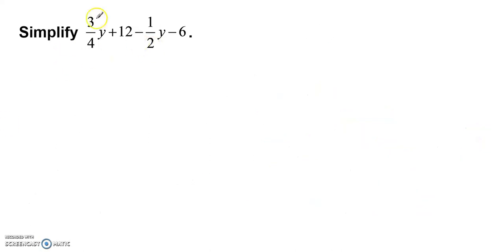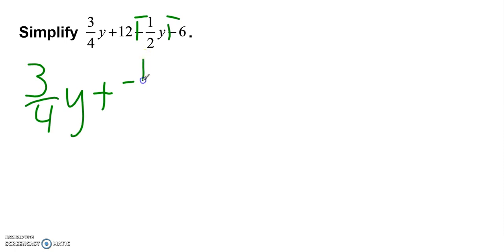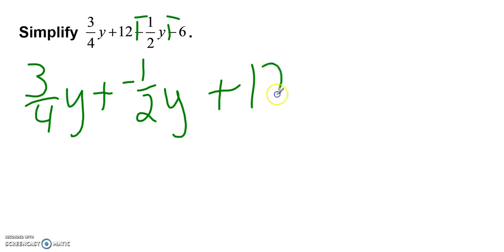On to the next. Okay, it says simplify this expression. So when they say to simplify it, they want us to add together all of the like terms. I'm going to add up this and add up that just so I can see it better. We have 3/4 y plus -1/2 y, and then plus 12 plus -6. So I rewrote it like this so I can see my like terms right next to each other.